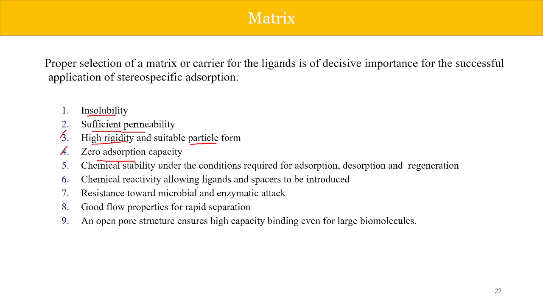So I am repeating it once more, the important points are insolubility, sufficient permeability, then it should be highly rigid and have a suitable particle form. It should have zero adsorption capacity and it should be resistant to microbial and enzymatic attacks. It should allow a good flow rate. Okay.